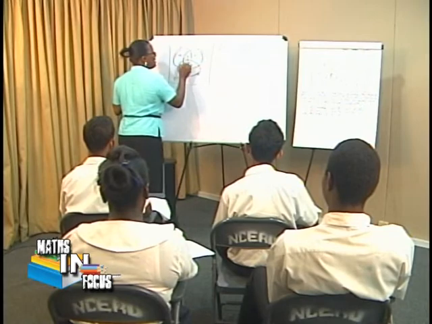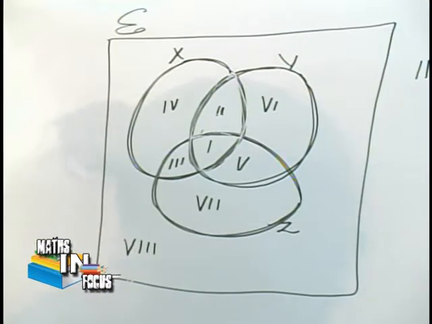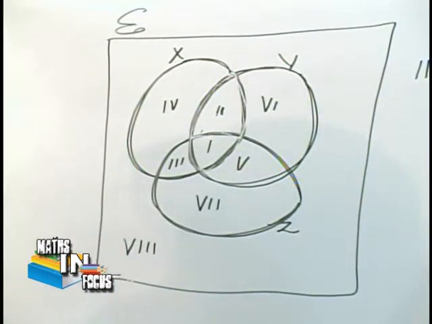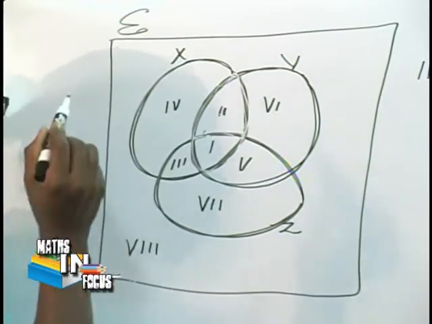Is Z in here? And what do we attach to the set to say that Z has nothing to do with there? X intersect Y complement. No, that would not be correct. There's a little word that we normally fill in there, only. So this little region here is X intersect Y only.